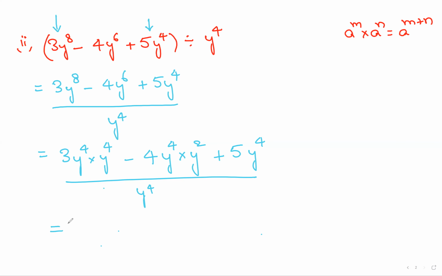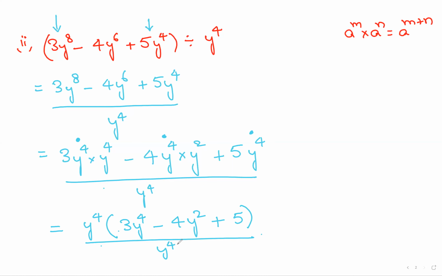So that is equal to, now in the numerator check, what are the commons? y to the power of 4, y to the power of 4, y to the power of 4. In all three terms, I have y to the power of 4 common. Am I right? So if I take y to the power of 4, it will be 3y to the power of 4 minus 4y square plus 5 divided by y to the power of 4.